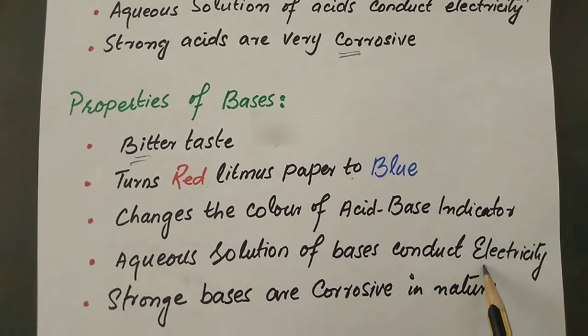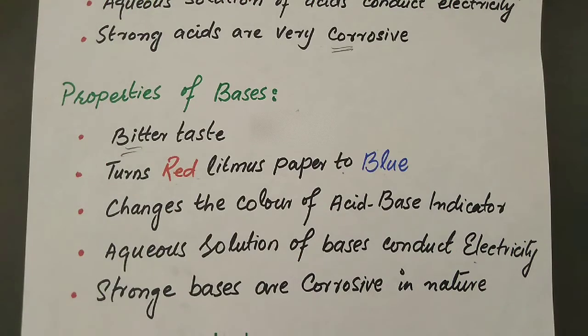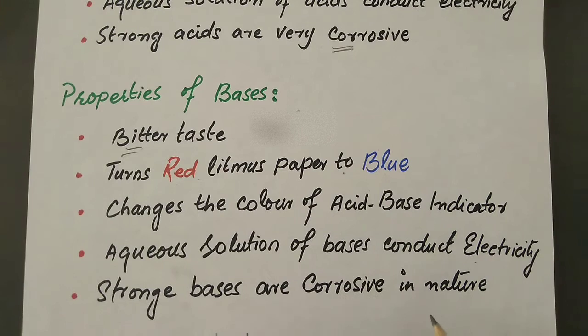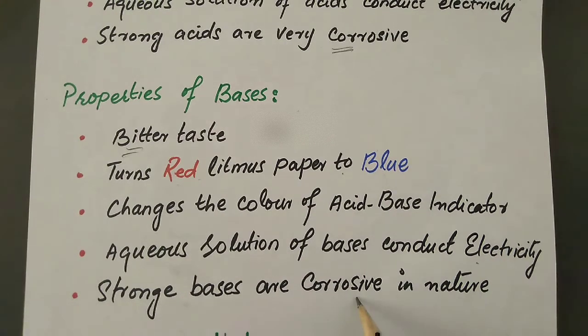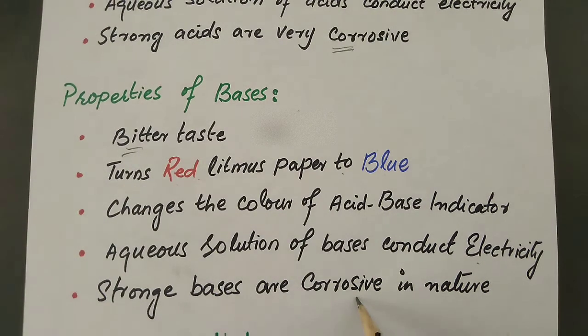If you dissolve some base in water and pass electricity, electricity will pass and it will show conductance. Strong bases are also corrosive in nature, just like strong acids. Similarly, the strong bases are also corrosive, meaning they can burn the skin, fabrics, whatever surface they are exposed to.